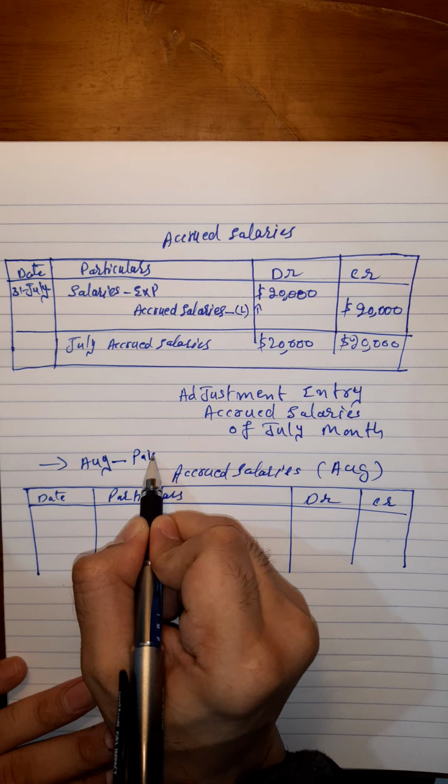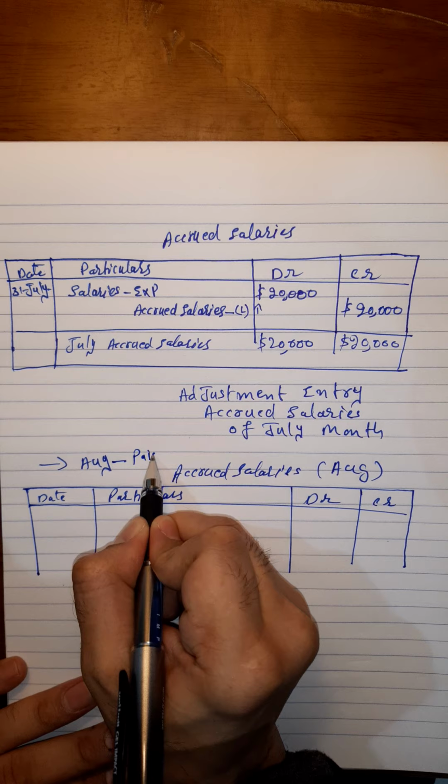We are saying expense, and again we are saying this is liability. So it brings some confusion in the mind. One side expense, one side liability. So please don't get confused. It's a very easy concept.